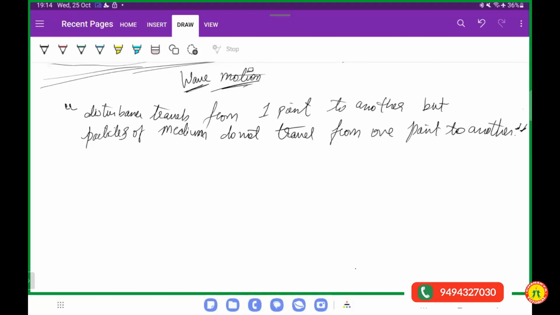Okay. So here we saw disturbances traveling. Fine.